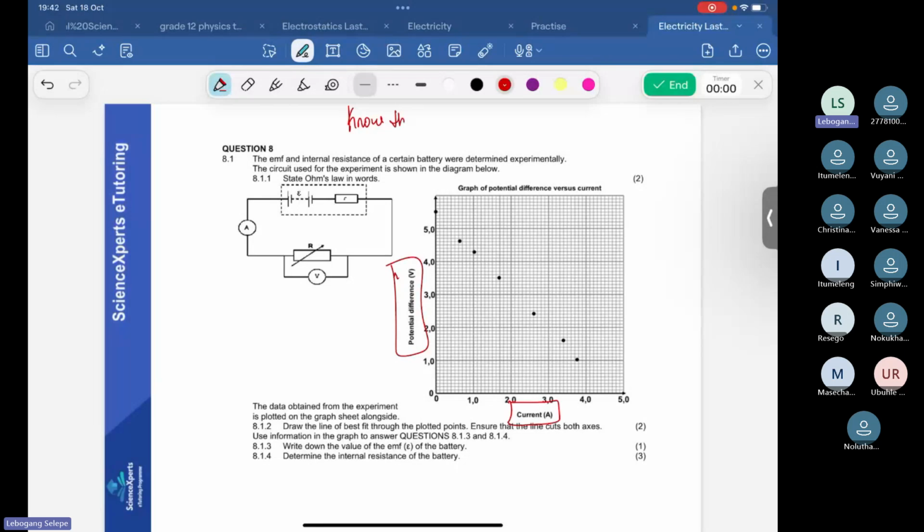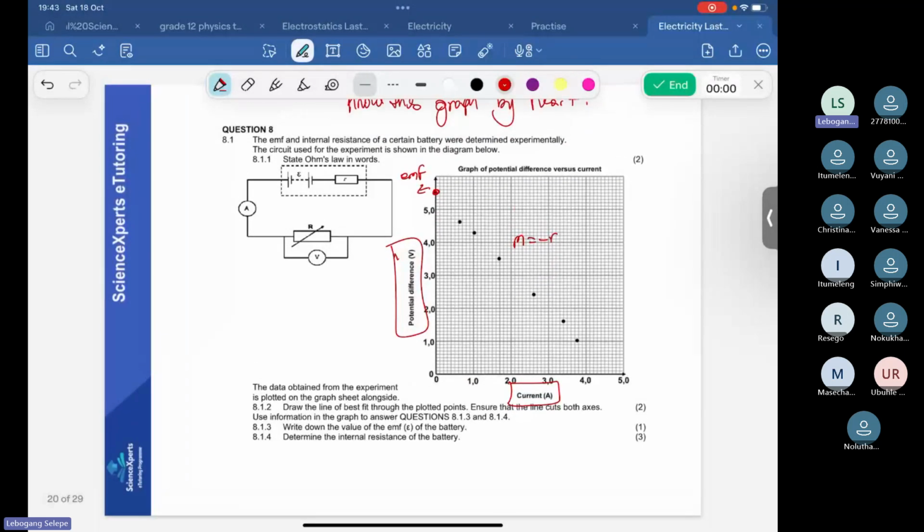Know this graph by heart. Know this one by heart. Know that the y-intercept is EMF. I explained this one to you, why the y-intercept is EMF. The gradient is negative internal resistance. Know this one by heart, guys, please.